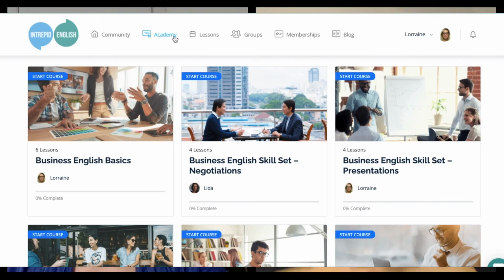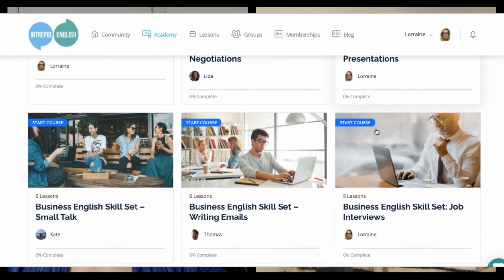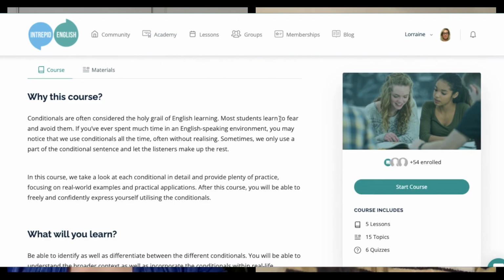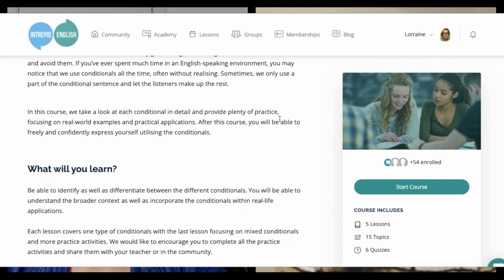We get a lot of students who have done the course or have worked through our downloadable ebooks, and they understand the theory of conditionals, but in conversation they find it very hard to apply what they've learned. So it's really helpful to have a lesson with a teacher. Yeah, so the conditionals course is aimed at helping students to express themselves a bit more and confidently doing so.